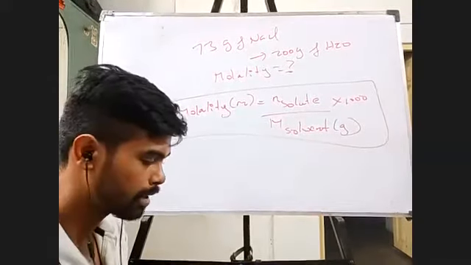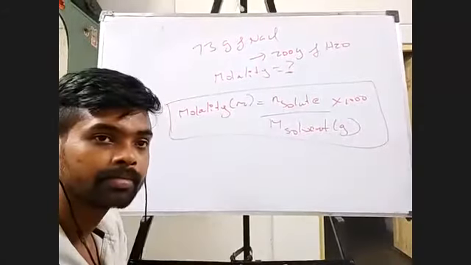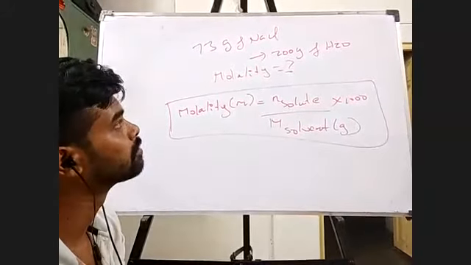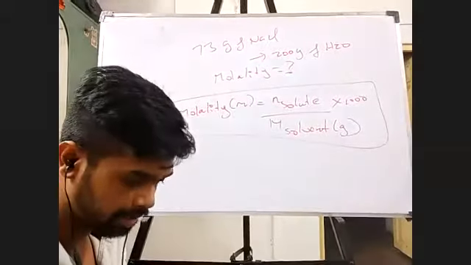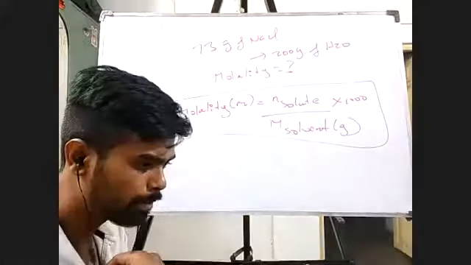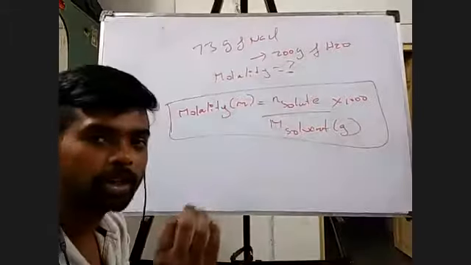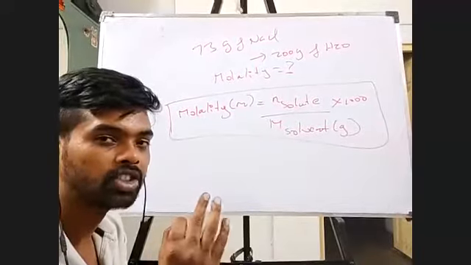What is the molecular mass of NaCl, guys? Sorry, I didn't hear. Chlorine's atomic mass is 35.5, and sodium's atomic mass is 23.